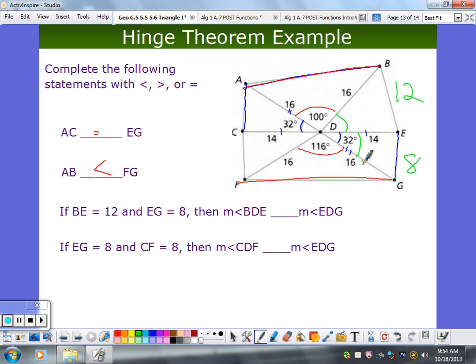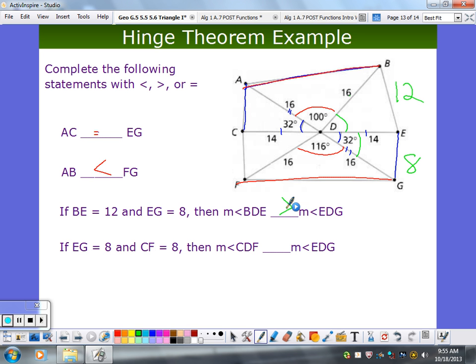So who opened the door wider? Well, what's the measure of D? Yeah, which angle? This one has to be bigger, doesn't it? Because the door was opened wider than that one.